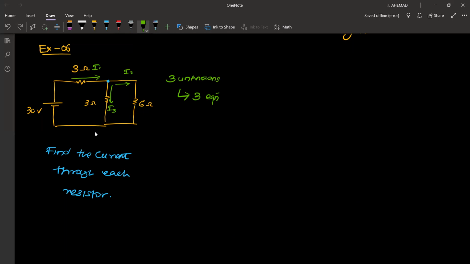So let's try to minimize the number of unknowns. Do you know any relationship between I2 and I3? Using the current divider, can I tell if the current through this 6 ohm resistor is I, then through this will be 2I. Agree with me?